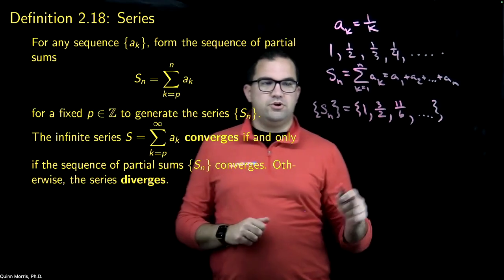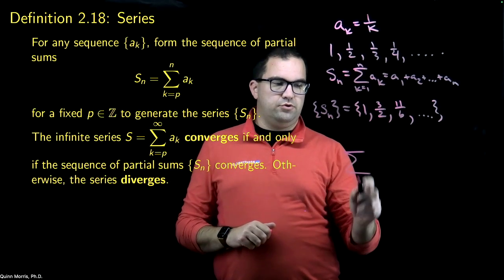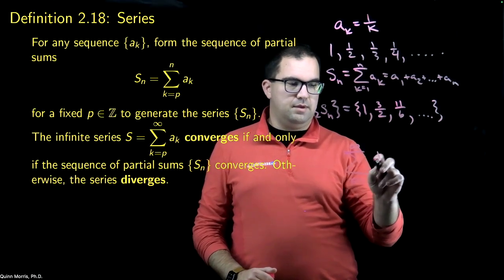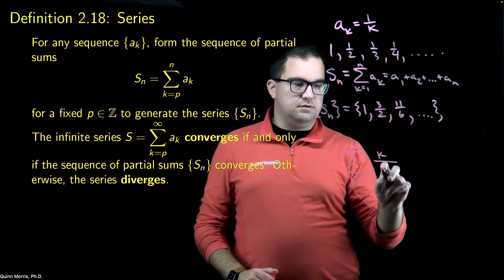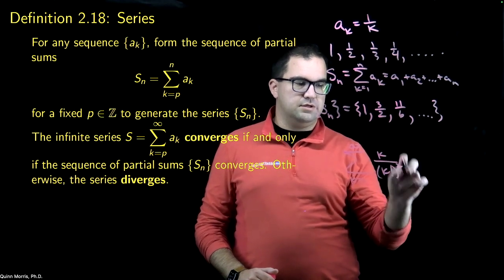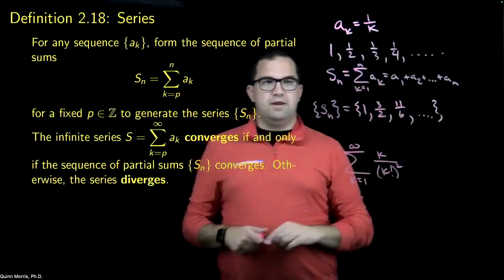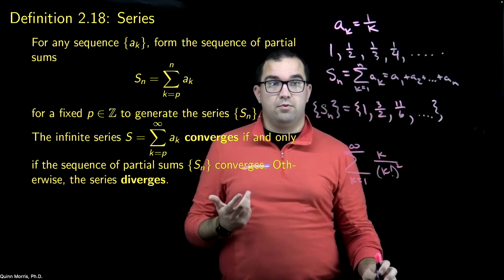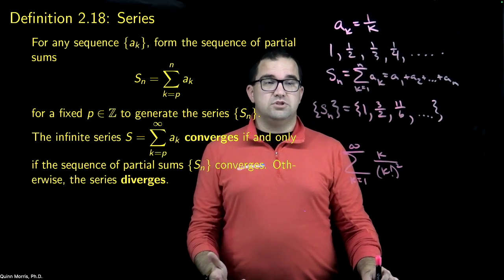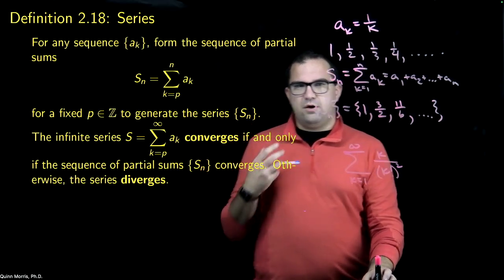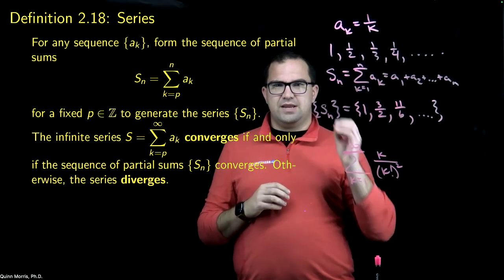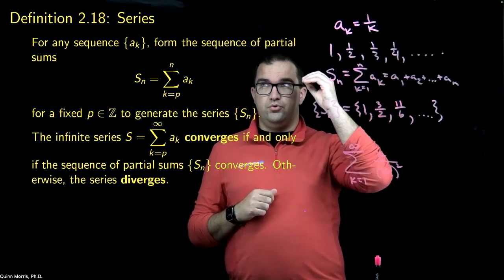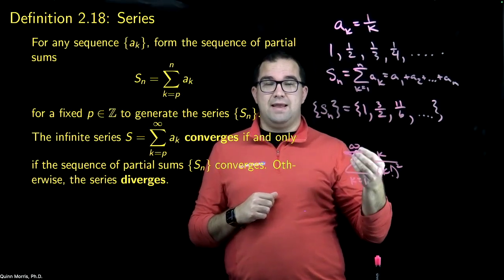And if you go back to Calc 2, you probably looked at a series like this, and you answered questions about whether the series converged or diverged by applying appropriate convergence tests, and we'll talk about those. But right now, our goal is to understand how we should think about series in order to be able to prove things mathematically.